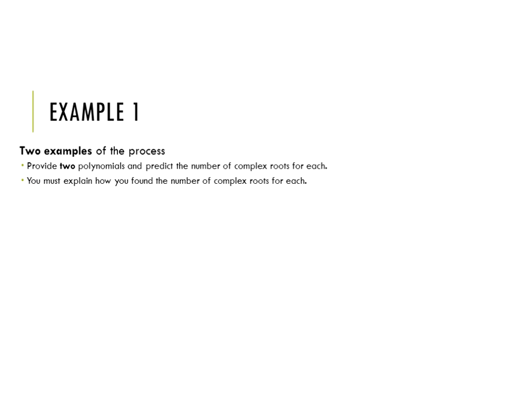All right, awesome. Okay, so now we have to give 2 examples. We'll just start with our first example. We're going to give the example and predict the number of complex roots for each, and we're going to explain how we found the number of complex roots as we go through it.